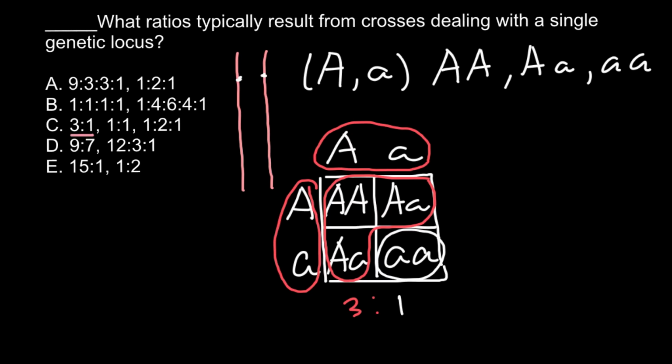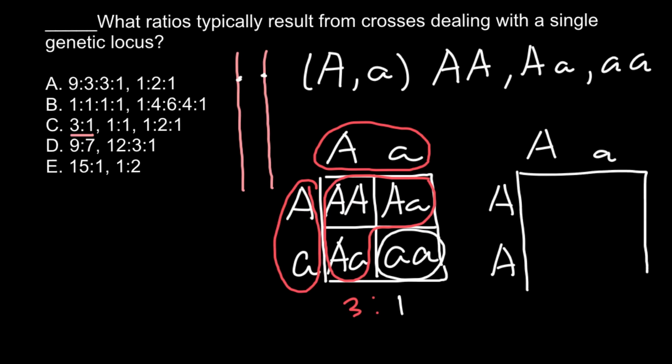A 1:1 ratio we can see if, say, one parent is heterozygous and another parent is homozygous dominant.